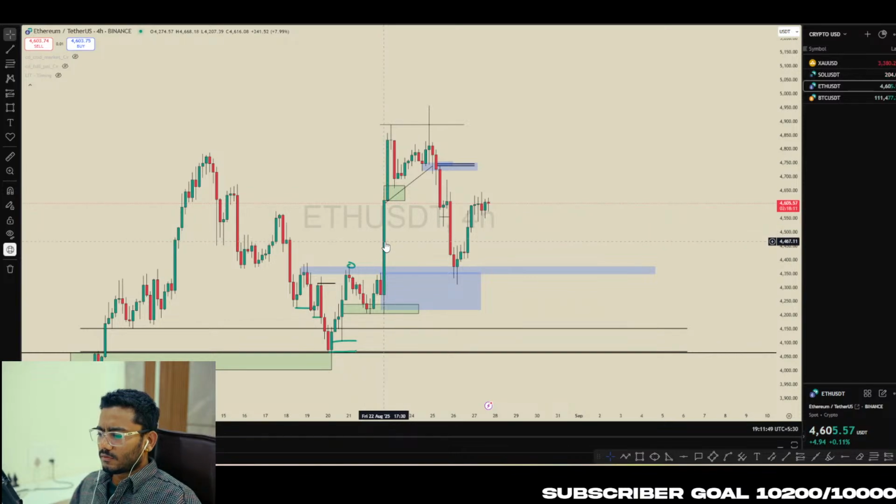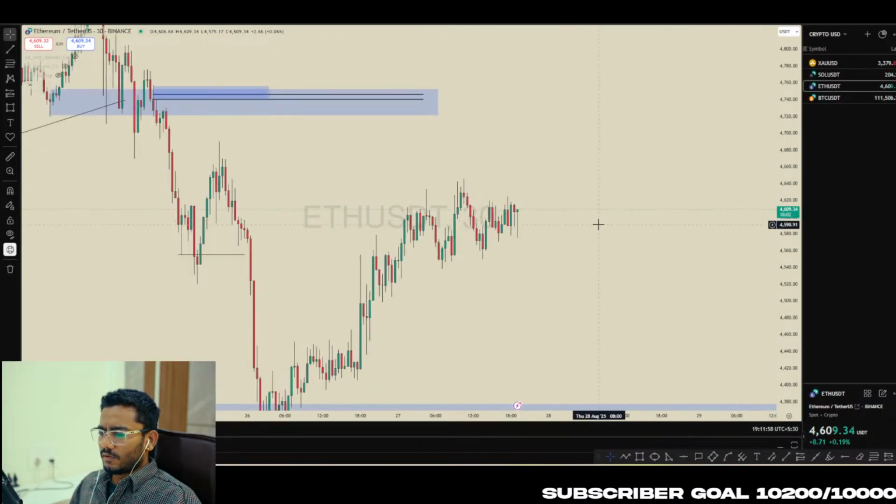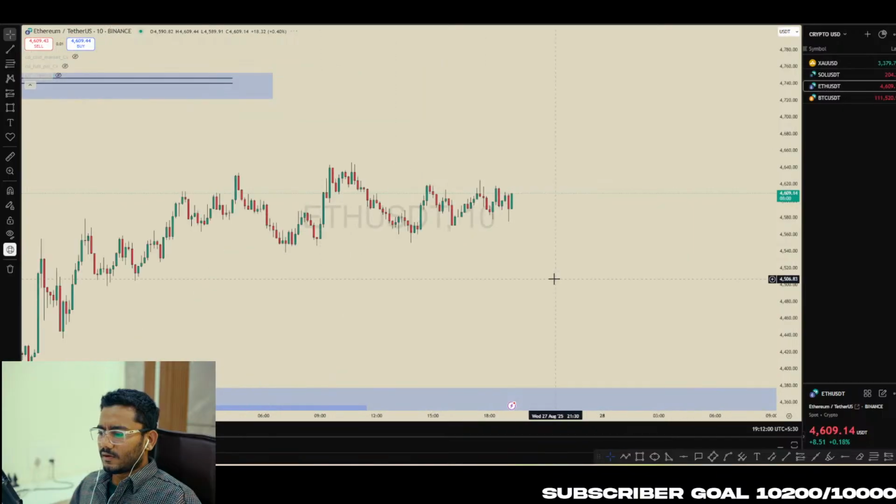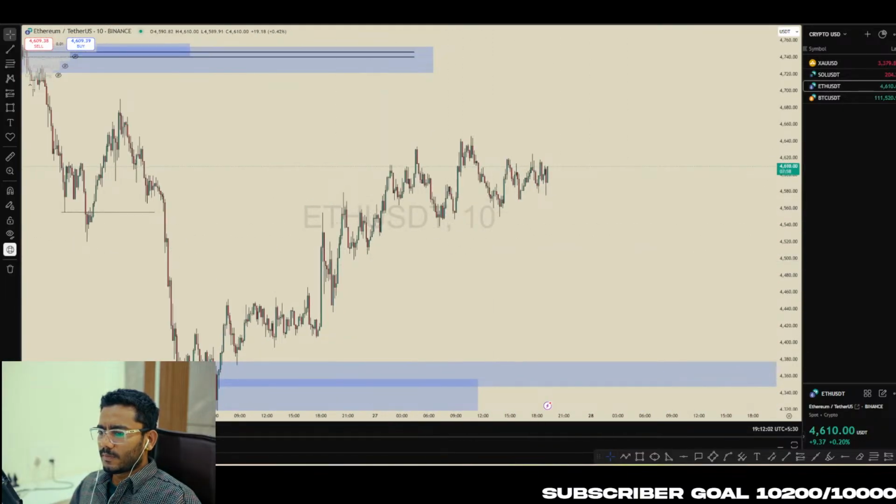I think so. Yes, after the news, price created this imbalance. It's now going to the upside. If you look at the structure, price is creating a trend line liquidity below this area.